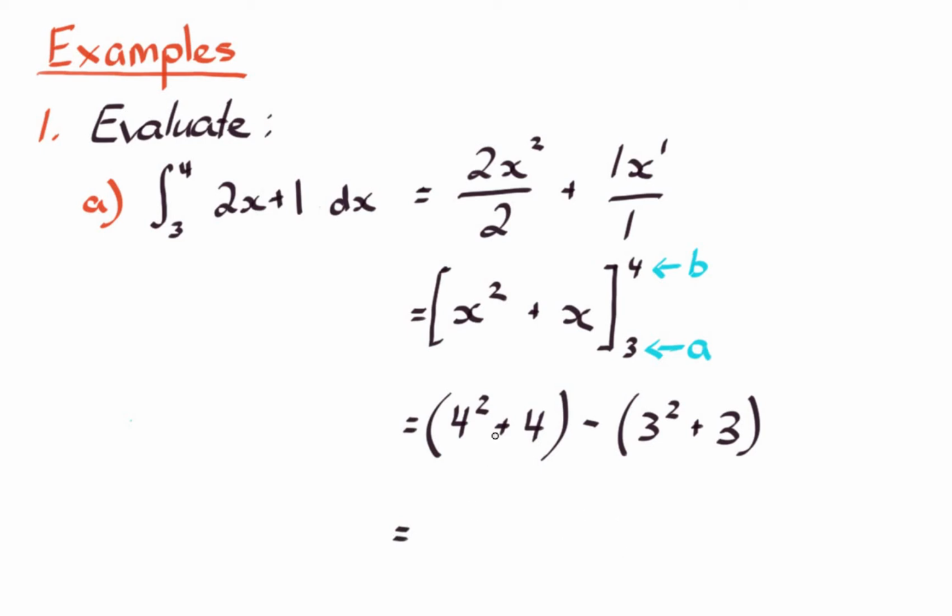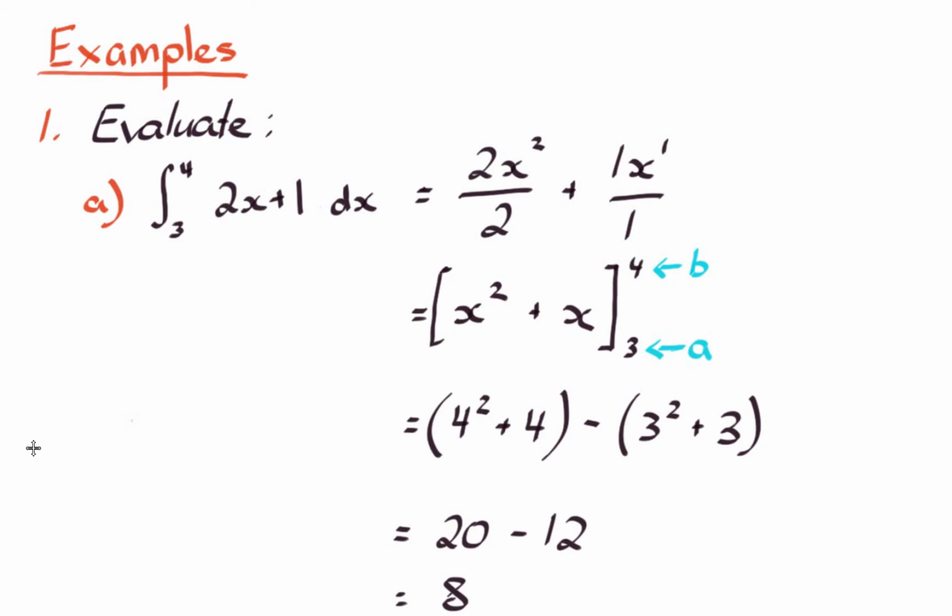Working this out, we see that 4 squared is 16, plus another 4 is 20. 3 squared is 9, plus another 3 is 12. 20 minus 12 gives us 8. And that is the answer to our integral. So if we were finding the area under this function between 3 and 4, it would be 8 square units. However, since we are just finding the value of the integral, we just write the number 8.